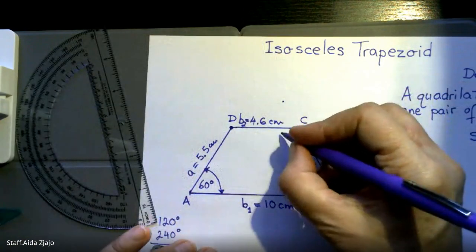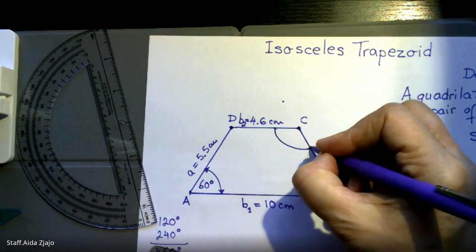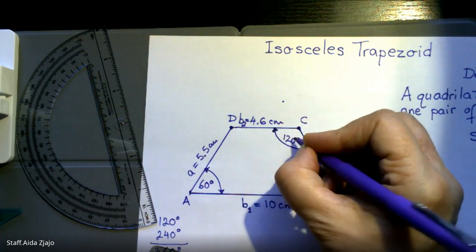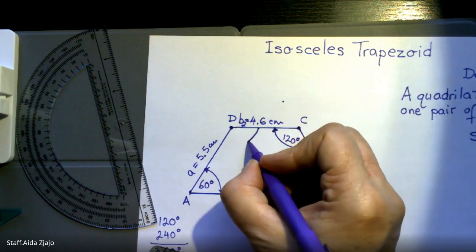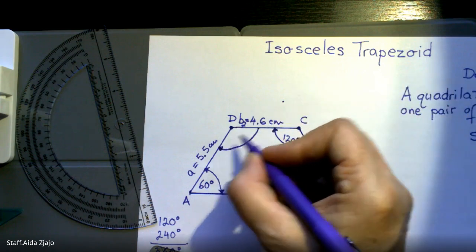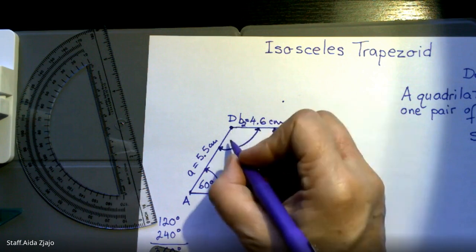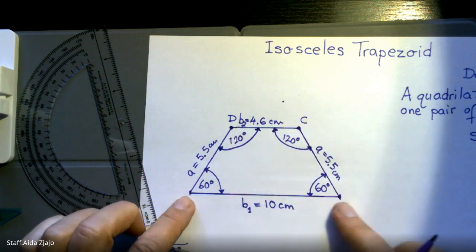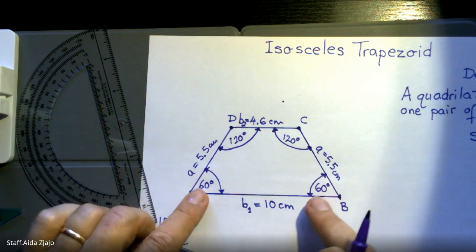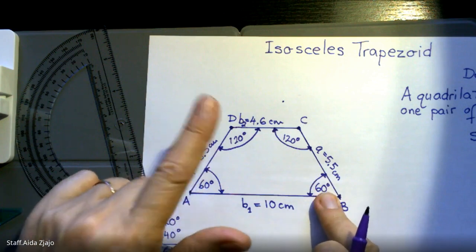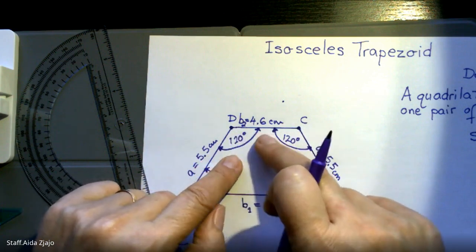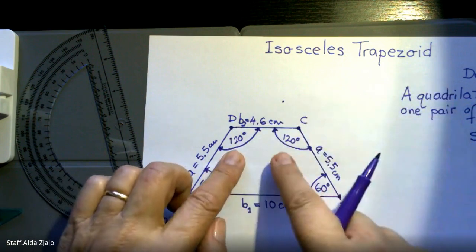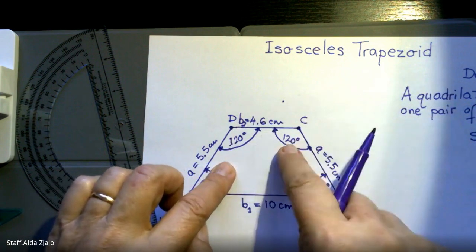So this angle is 120 degrees. And of course, this one is also 120 degrees. So the angles on the same leg are congruent, 60 and 60 degrees, and on the other base they are also 120 and 120.